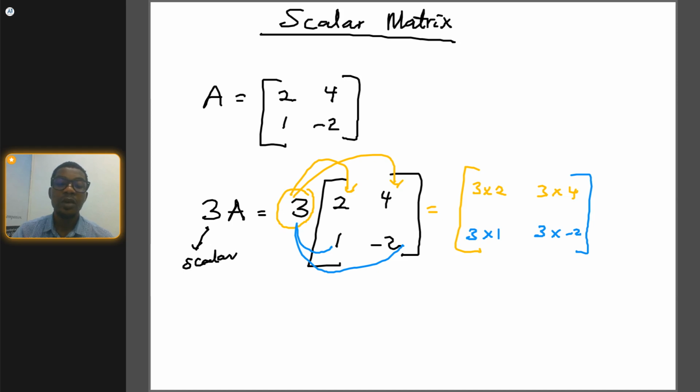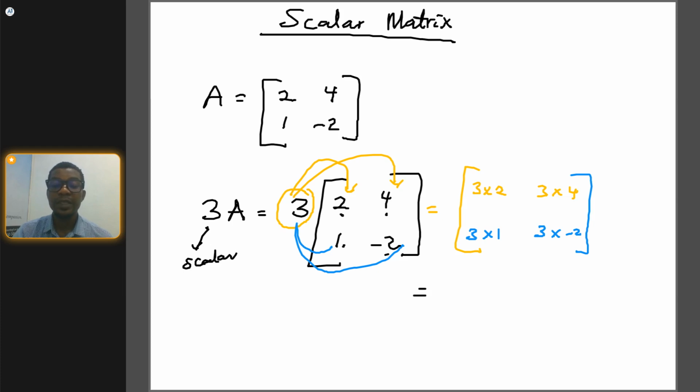What we have done now is multiplying the scalar, which is 3, with every element in the matrix. Each of these numbers is called an element. So we have to multiply each of the elements in the matrix with the scalar value outside.